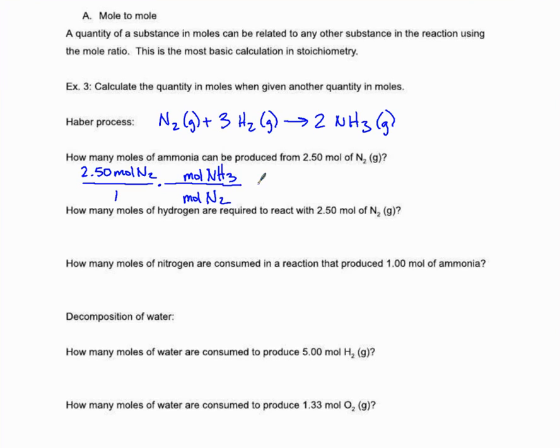Now, this is not the completed mole ratio. We need to put in the numbers. So for moles of nitrogen, the coefficient really is 1. And so that's 1 mole of nitrogen. And with this amount of nitrogen, I can make 2 moles of ammonia. So I'm going to put 2 here.